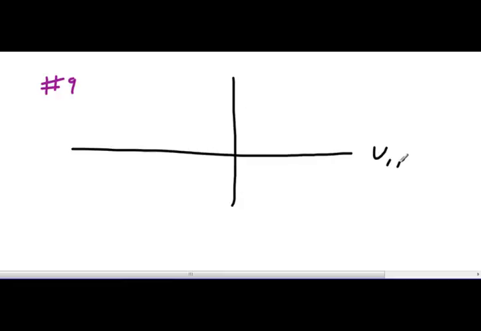A particular Schmitt trigger inverter has a positive going threshold and a negative going threshold, and a typical high and a typical low. Sketch the transfer function of V in versus V out. All right, so here's my V in. Here's my V out, which makes it typical.